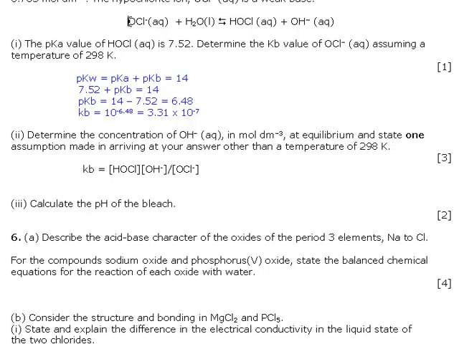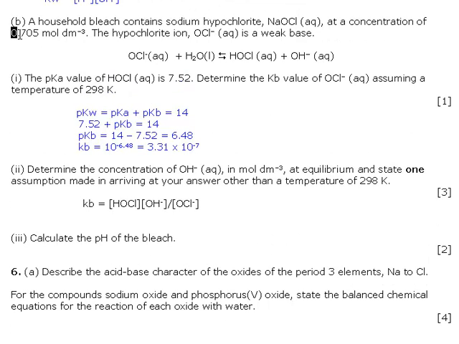Now, if OCl minus is a very weak base, it means that very little of the equilibrium lies to the right hand side, and so we can take the value for the hypochlorite ion as being the initial value. Now we're told the initial value is here 0.0705, so this is our assumption.